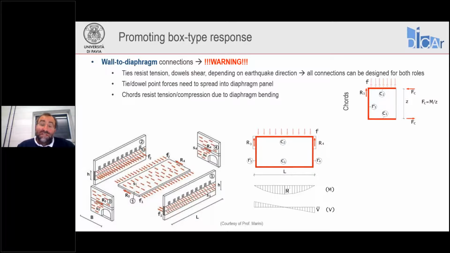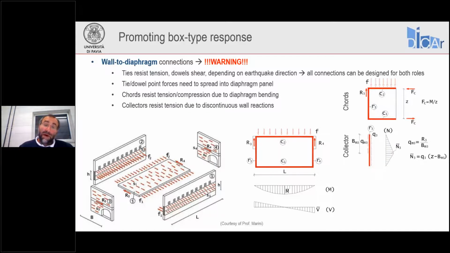Well, it is supported by the other orthogonal walls at the edges, and so it's like a simply supported beam with a uniformly distributed load subjected to bending and shear. Bending result in tension and compression forces concentrated at the, say, top and bottom on walls C2 and C1 of the diaphragm that basically constitute the so-called chords of the diaphragm.